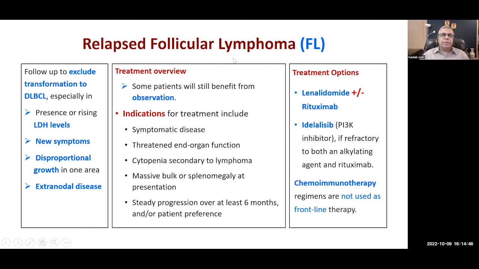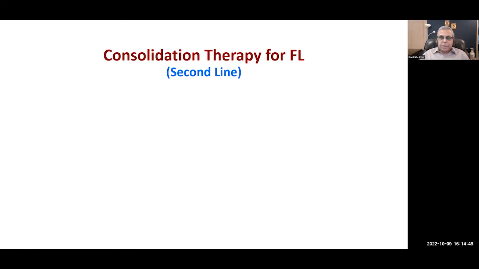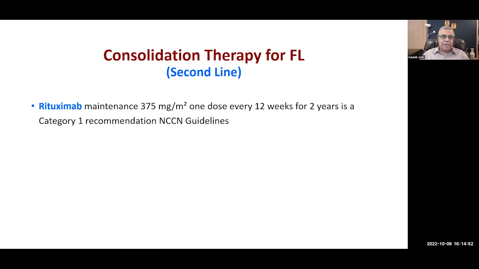I hope that's clear. Now, consolidation therapy for follicular lymphoma, this is the second line therapy, again, rituximab, 375 milligram per meter square, one dose every 12 weeks for 2 years, right? So these are bigger intervals, 3 months intervals. This is a category 1 recommendation, which is the top class recommendation.